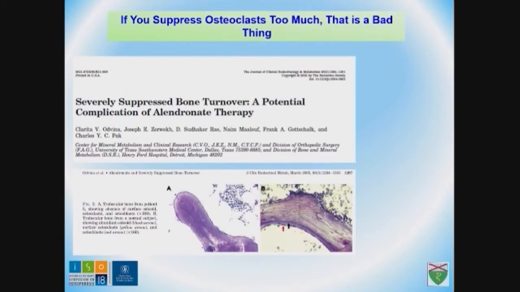And as I just said, suppressing osteoclasts is not a good thing. So we know that certain drugs, if used to excess, oversuppress bone turnover, and the bisphosphonates are one of those drugs, so we're now more careful about how long we use these drugs. That was brought to our attention by papers a number of years ago pointing out that normally you can see on a bone biopsy evidence for cellular activity, bone formation.